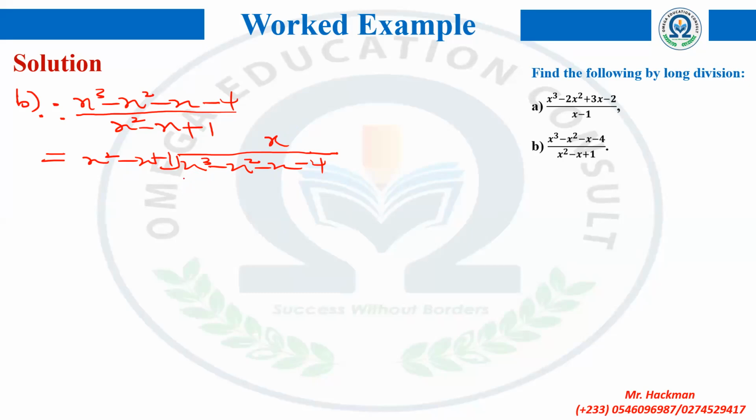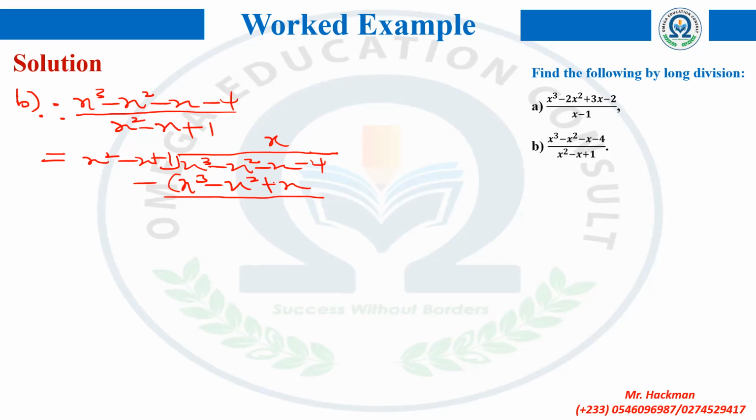So x times x squared gives us x cubed, x times minus x gives us minus x squared, x times plus 1 gives us x plus x. You subtract. If you subtract, this will go, minus x squared minus, that will also go. Am I right?